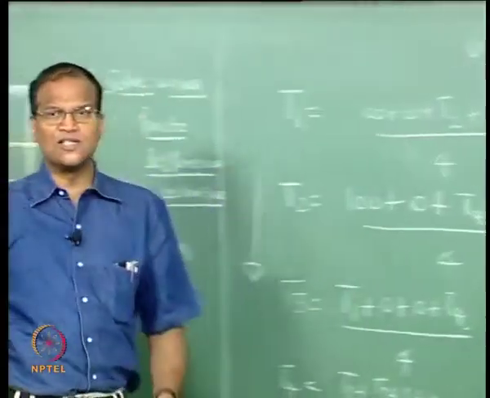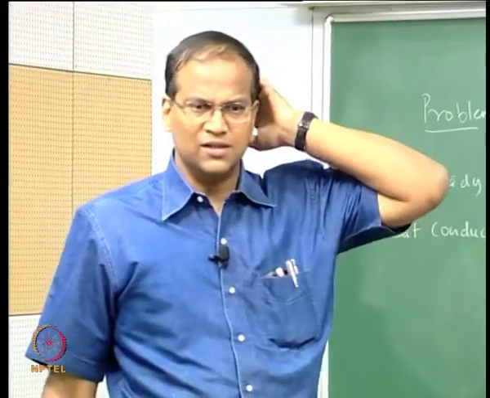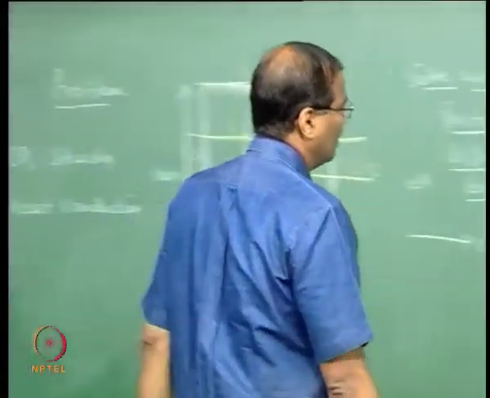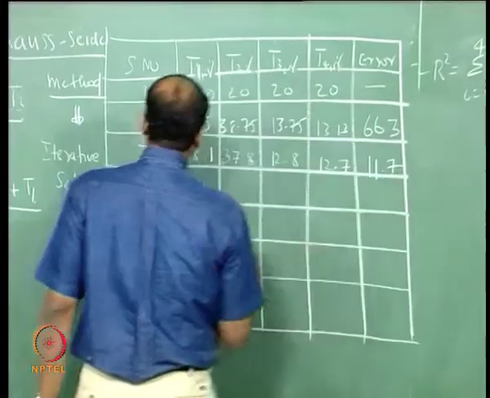So we are using the Gauss-Seidel method, which I have already discussed in this course, okay. So 11 point? Oh, see how much it has drastically reduced. Third iteration it will converge.